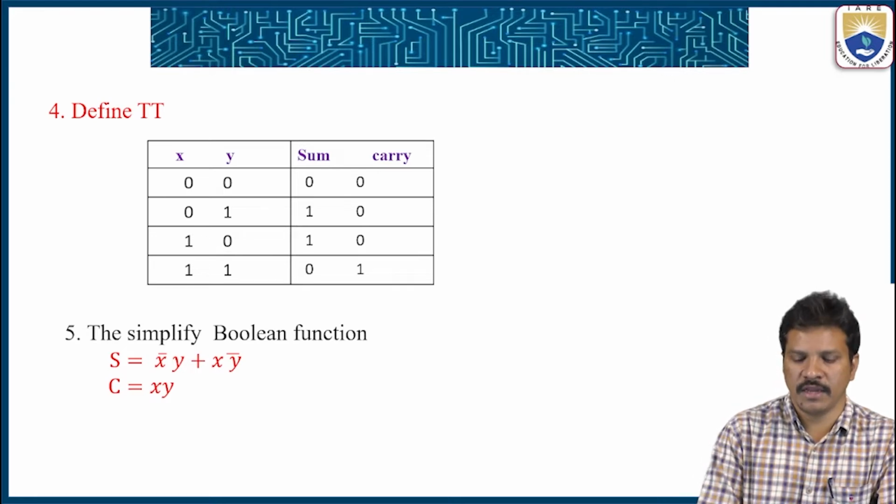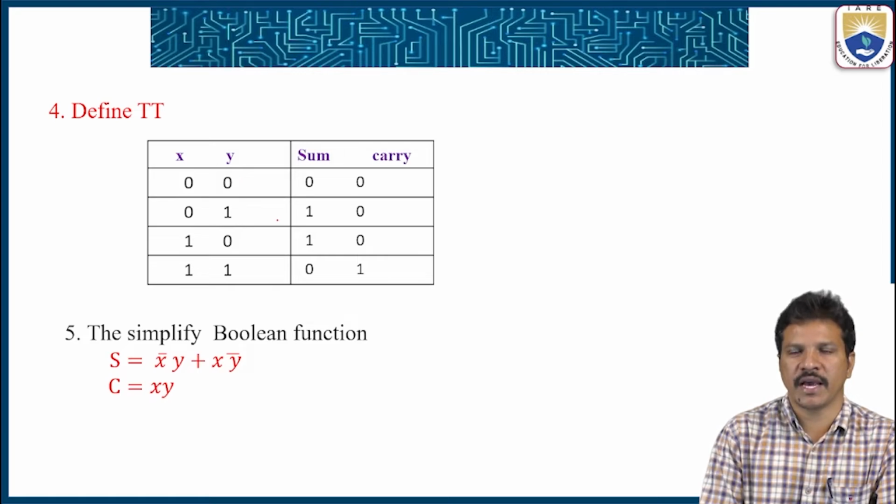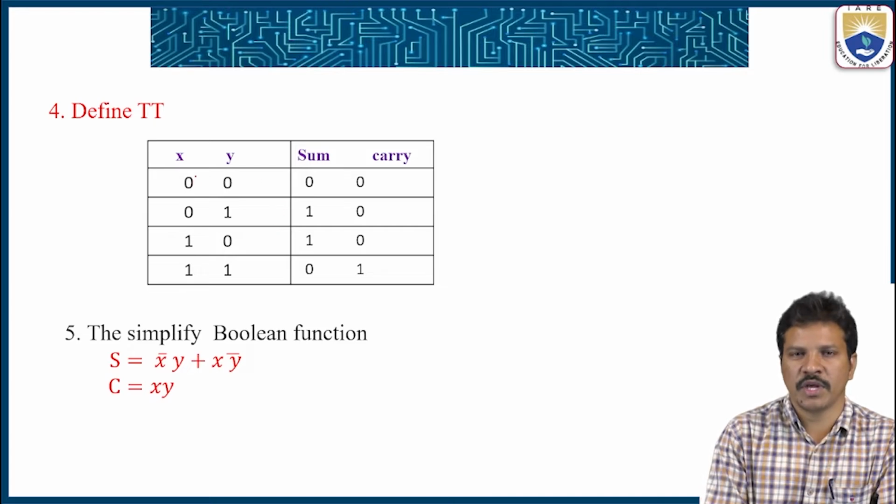In this table, X and Y are the inputs in the half adder, and sum and carry are the outputs. X and Y being 2 variables means 4 possibilities: 0 0, 0 1, 1 0, 1 1.